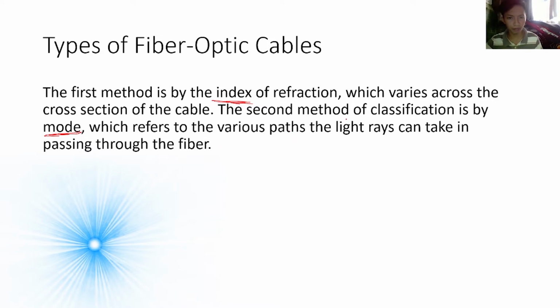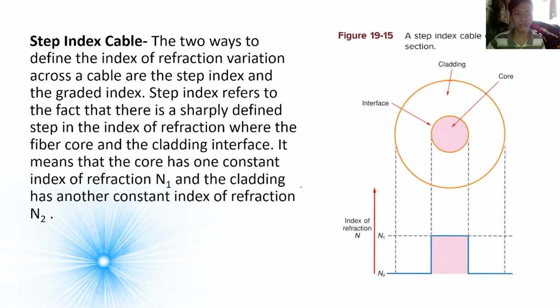We will discuss this, but when we say various paths, it is like this. So there are various paths passing through the fiber. At least just to give you an intuition, and later we will discuss this in depth.